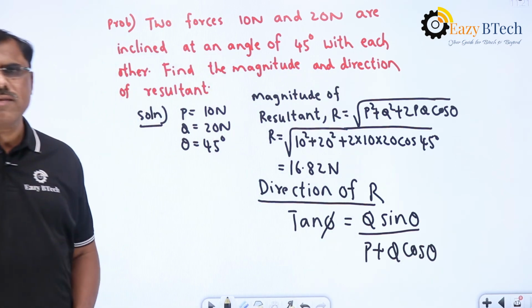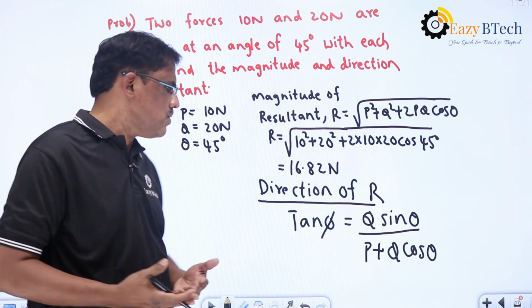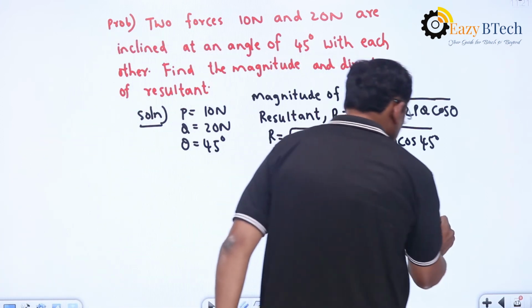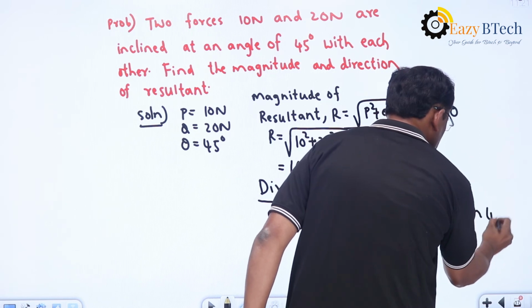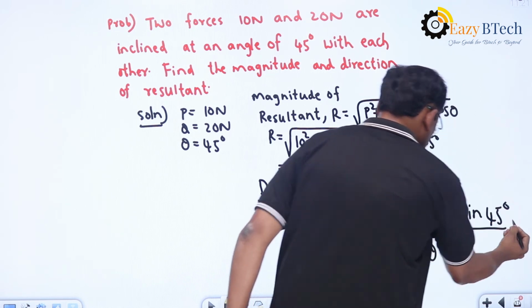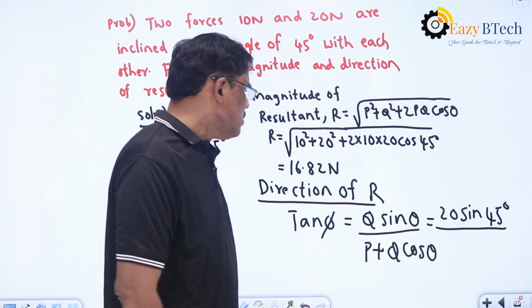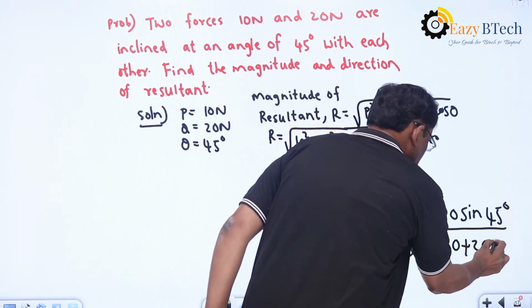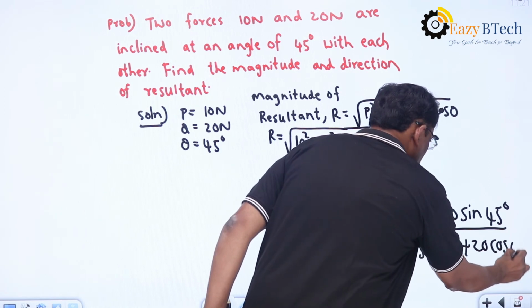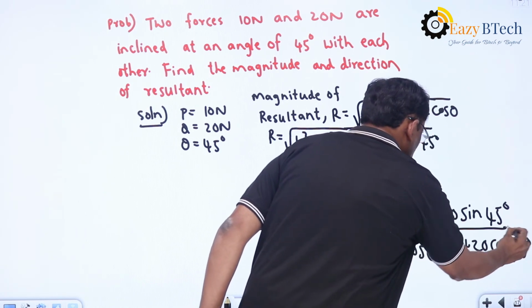And substitute the values of P and Q here. It's simple. So here this is 20 sin 45 degrees by 10 plus 20 cos theta, so cos 45 degrees.